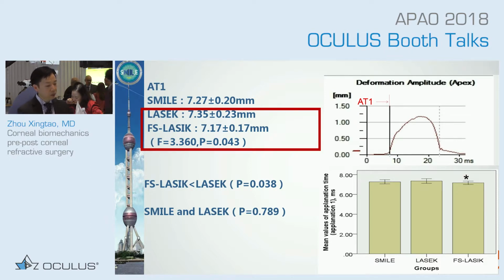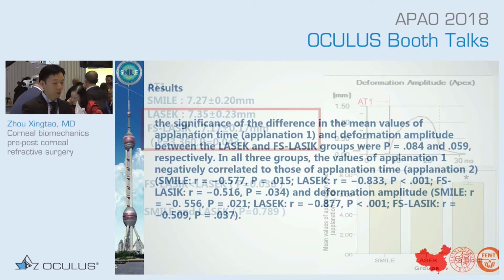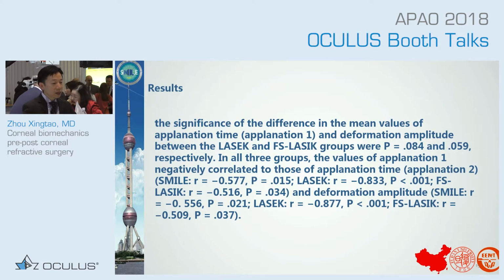These display SMILE, LASIK, and femtosecond LASIK. There is a significant difference between LASIK and femtosecond LASIK. There is no significant difference between SMILE and LASIK. The significant difference in the mean value of A1 between LASIK and femtosecond LASIK had a p-value of 0.8 and 0.0589.